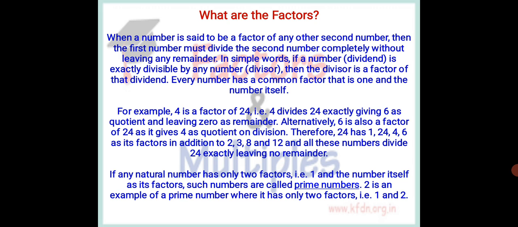If any natural number has only two factors, that is 1 and the number itself, such numbers are called prime numbers. 2 is an example of a prime number where it has only two factors, that is 1 and 2.